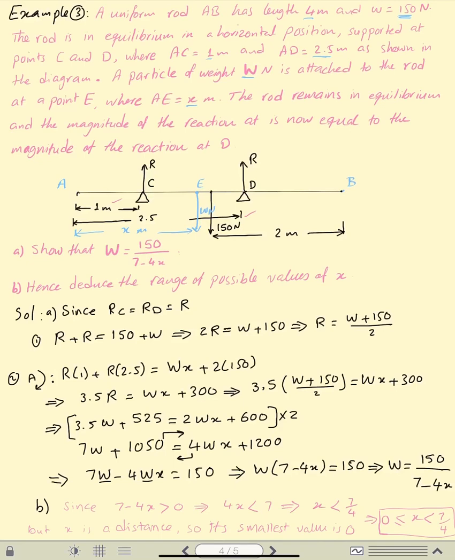A particle of weight W newtons, unknown, is attached to the rod at the point E, where AE is X. He helped us in here, he labeled it with X. The rod remains in equilibrium, and the magnitude of the reaction at C is now equal to the magnitude of the reaction at D. Part A, based on this information, show that W is equal to 150 over 7 minus 4x.